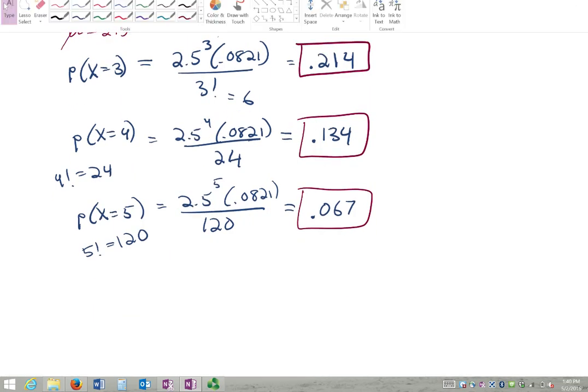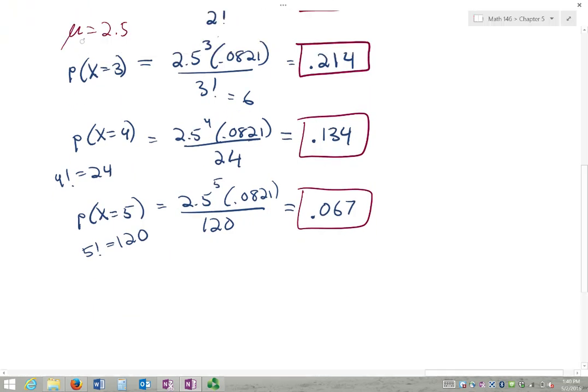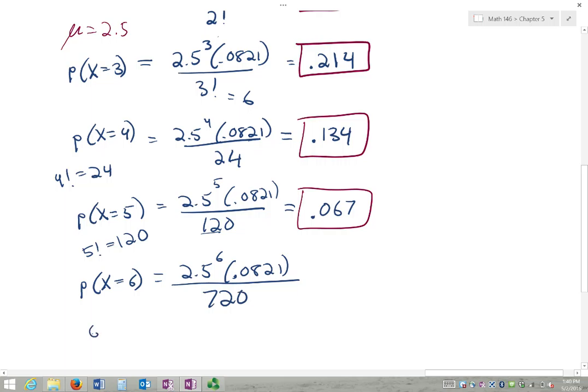And we'll finish up with 6. I think that'll give us a decent idea. So 2.5 to the 6. 6 factorial is this 120 multiplied by 6, and we get 720.